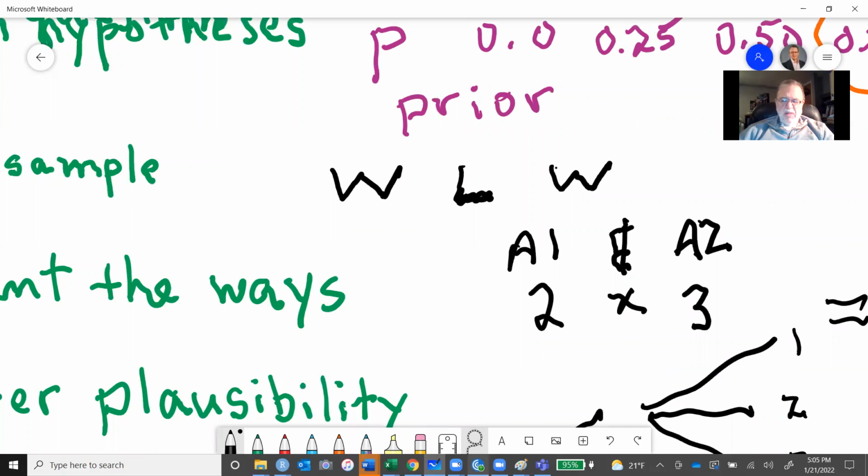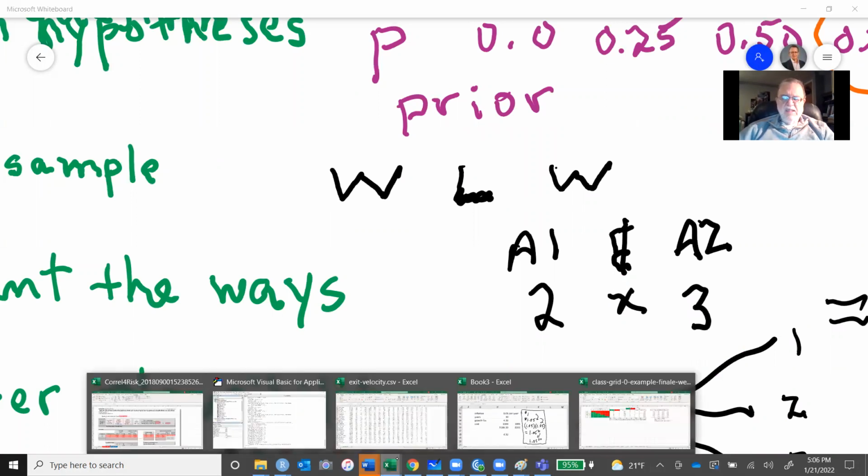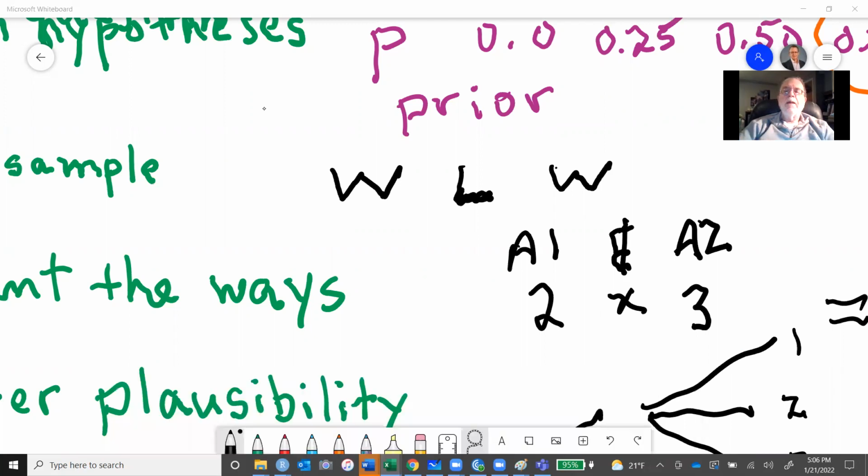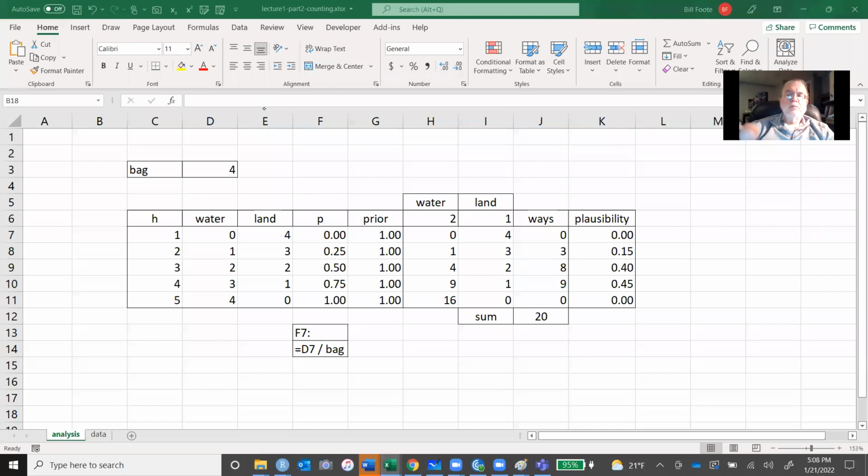And let me bring up the Excel spreadsheet. Just take a second to bring that up. And after a mild break there, here it comes.